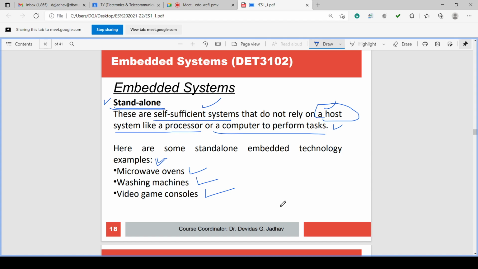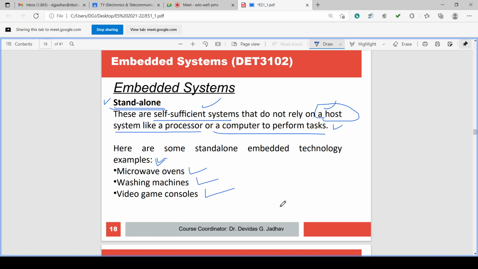Then they may not be considered standalone. But the microwave oven working separately and individually, the washing machine working individually, and the video game console working separately and not networked, these are the examples of standalone embedded systems.